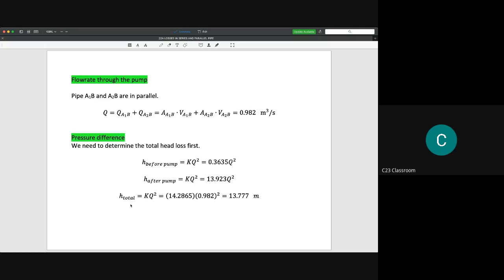So the total here, the total Q, you just add all of them. Why do we add? We add all of the values here.